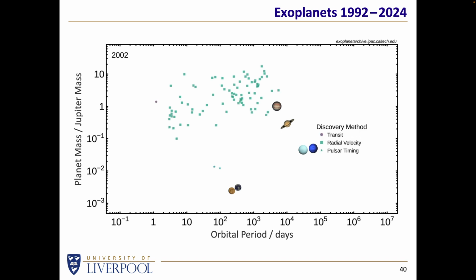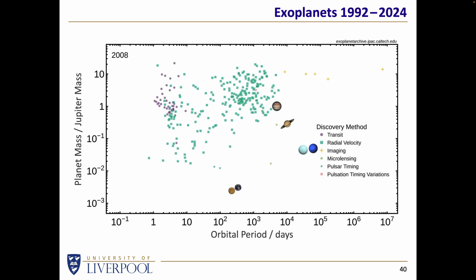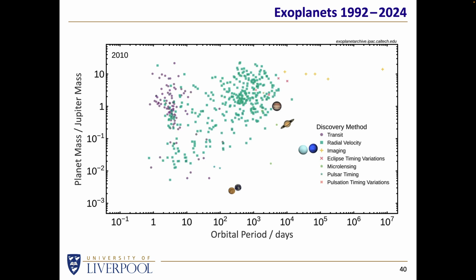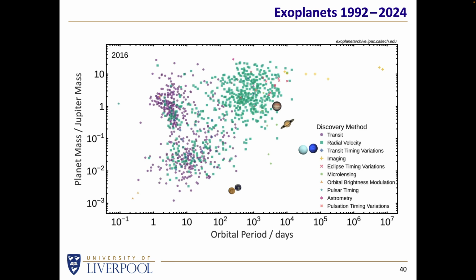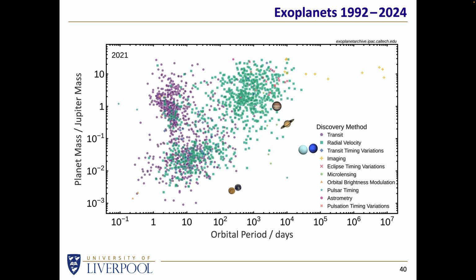As we go into the 2000s, the Kepler space mission started to pick up much more in the purple, which is the transit method. It started to find hundreds and it started to find thousands of exoplanets. So you can see we're now building up a picture of the characteristics of these exoplanets.